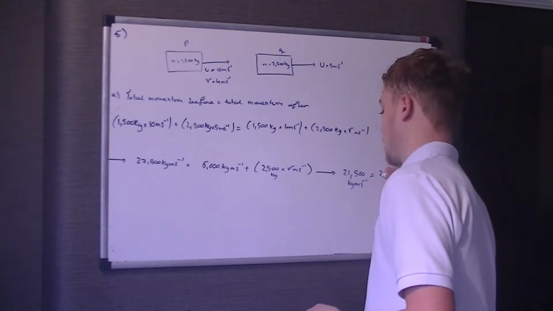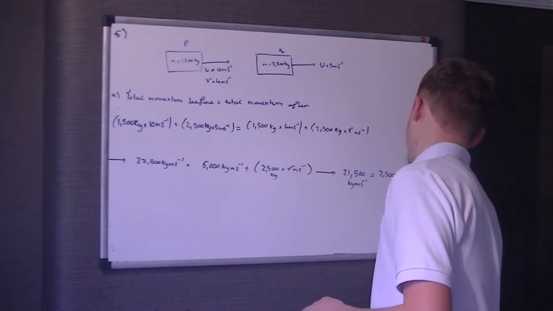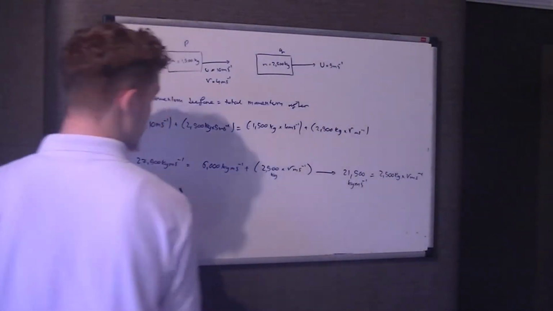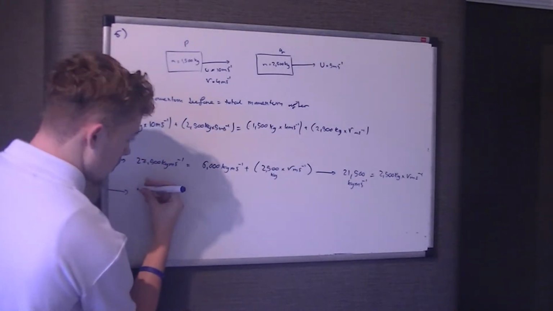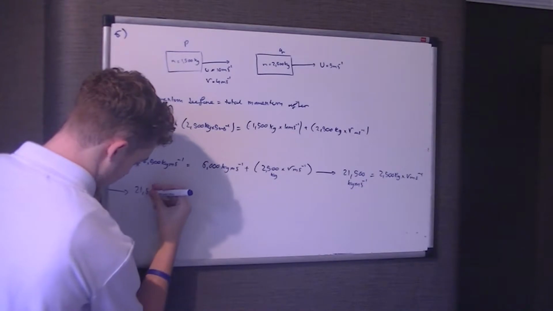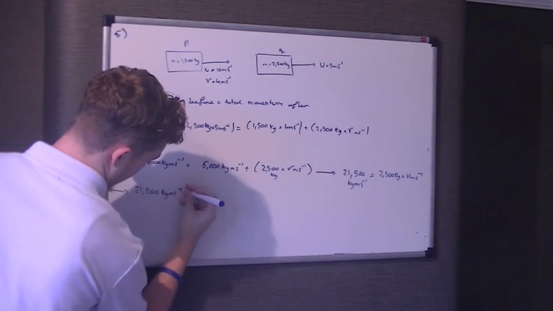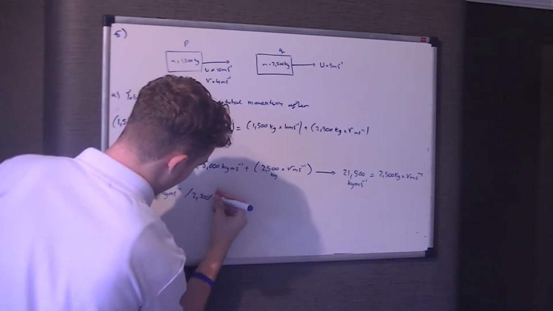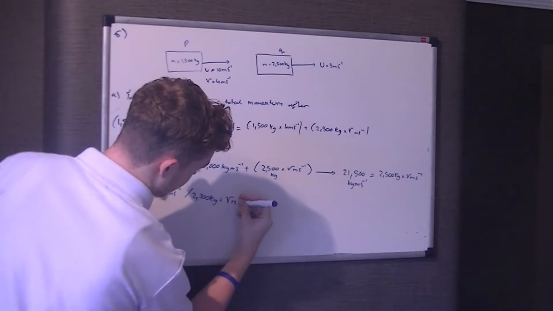And that's equal to 2,500 kilograms times v meters per second. Obviously then it's just a simple case of dividing both sides by 2,500 kilograms. So that's 21,500 kg m s to the minus 1 over 2,500 kilograms, and that's equal to v meters per second.